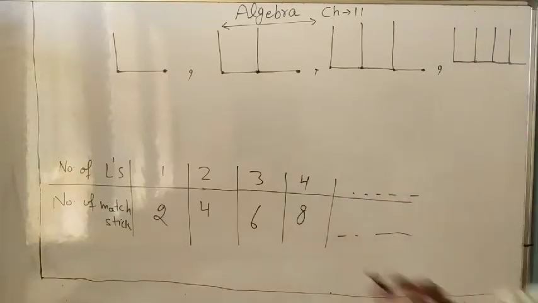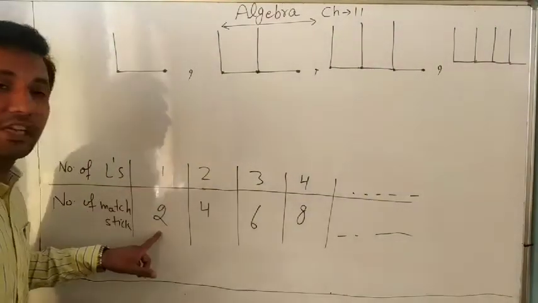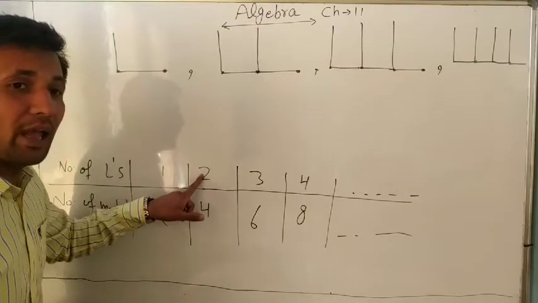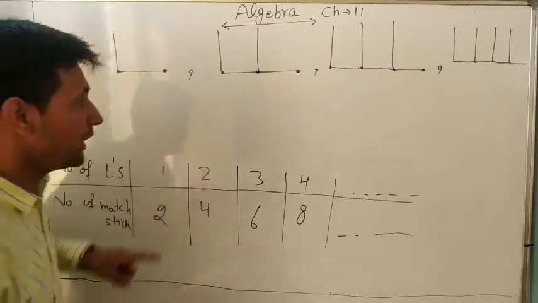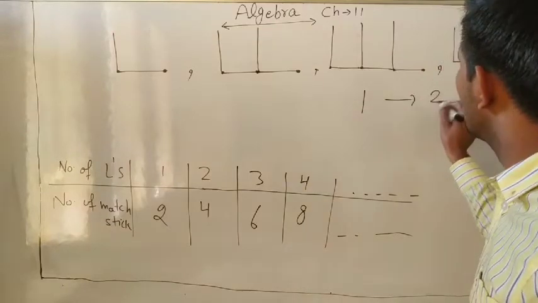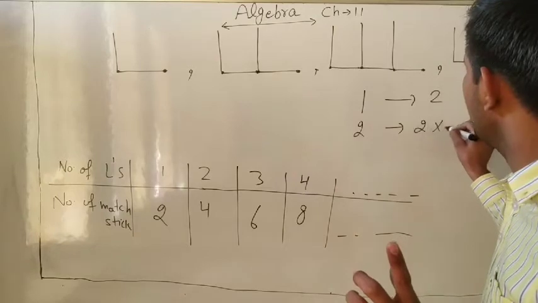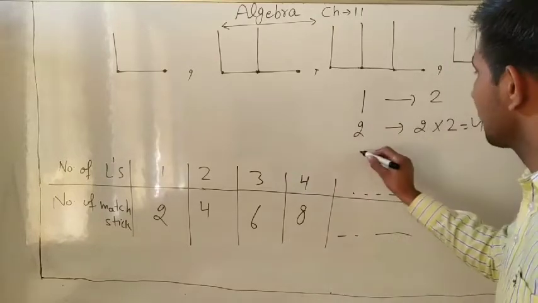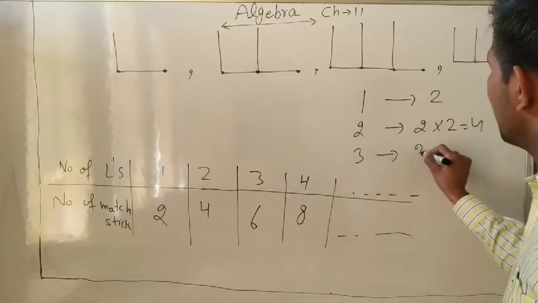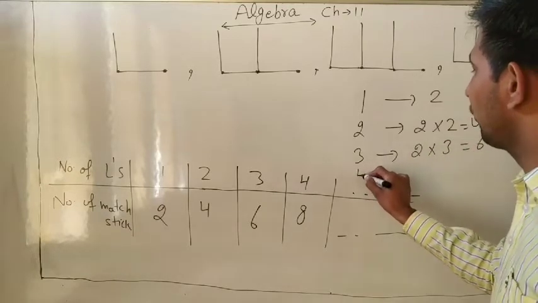So we observed here, the number of L's is 1, so matchsticks are 2. If 2 L's, how many matchsticks? 2 multiplied by 2, 4 matchsticks. If 3 L's, we need 2 multiplied by 3, 6 matchsticks.